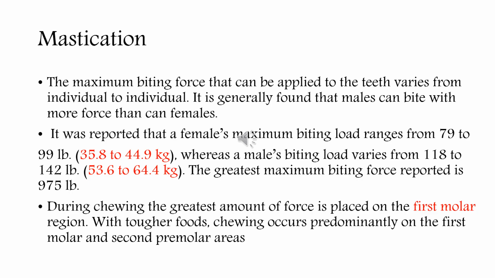And sometimes if you're chewing something hard, it will be mainly on the second premolar and first molar area. And you will see in your patients that usually the teeth that get cracked or fractured very frequently are the mandibular first molars, because they are getting a lot of force from the mastication.